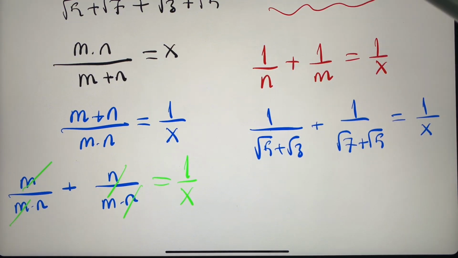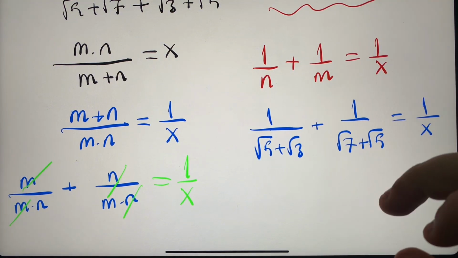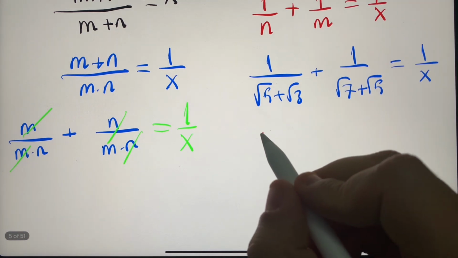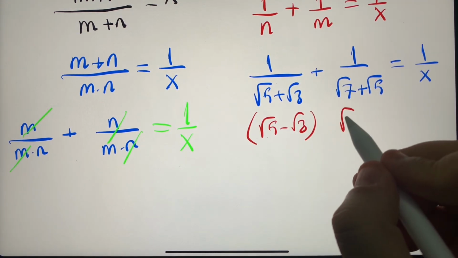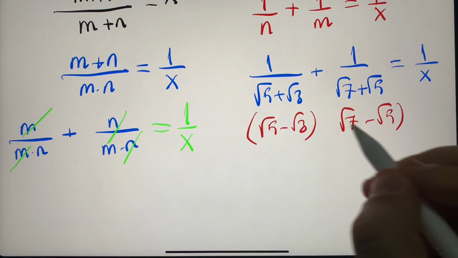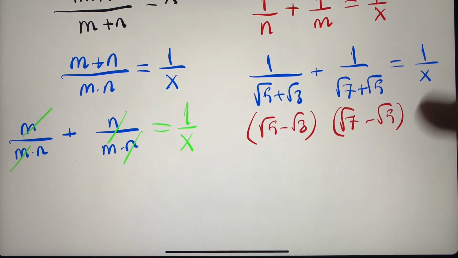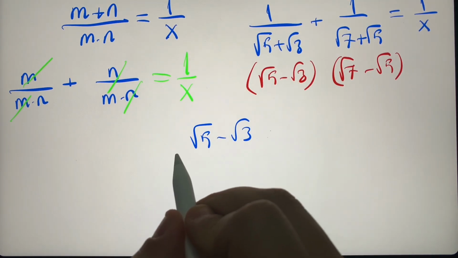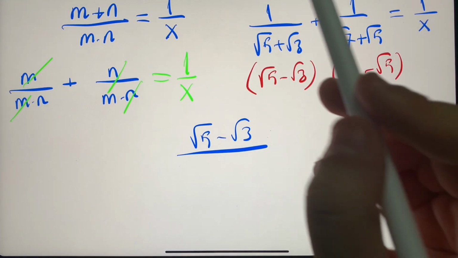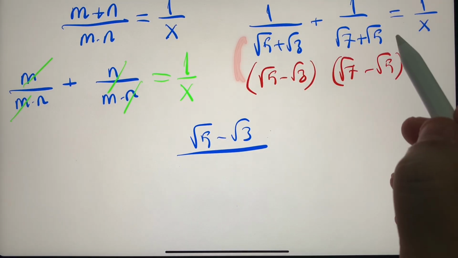Now here we need to pay attention: these are real numbers, so they will be multiplied by their conjugates, root 5 minus root 3 and root 7 minus root 5. When we apply them, the expressions here are the a squared minus b squared identity.